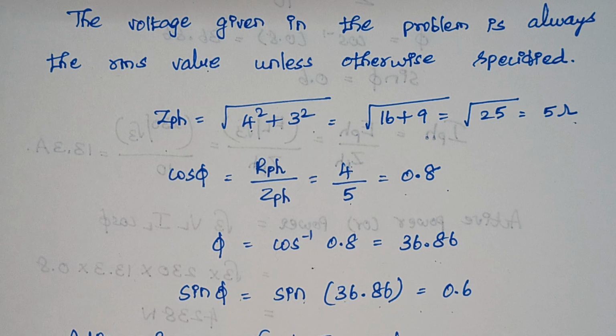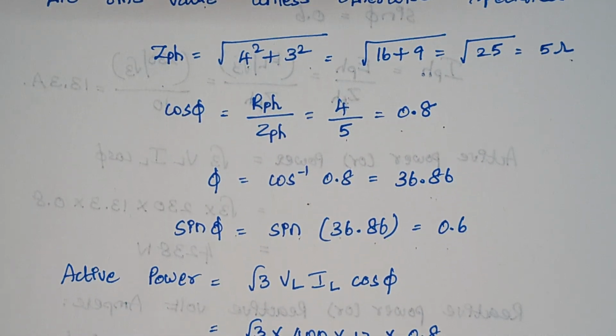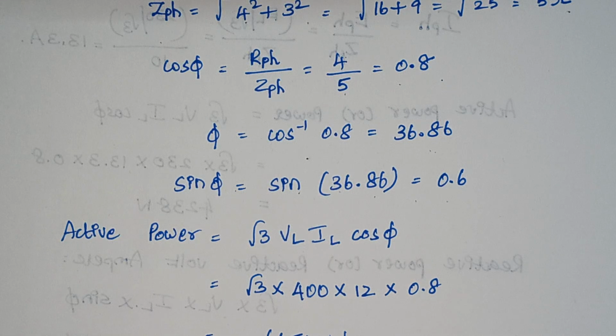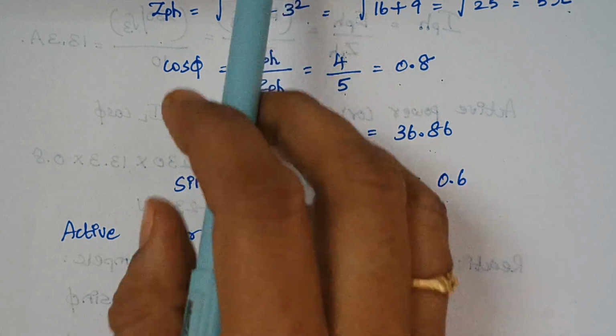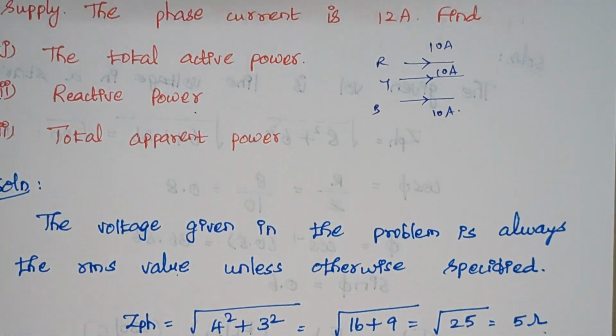Now we are going to find active power, reactive power and apparent power. The formula for active power is root 3 VL IL cos phi. The value of VL is directly given in the problem, so 400 into the value of IL. In the problem the phase current is given.